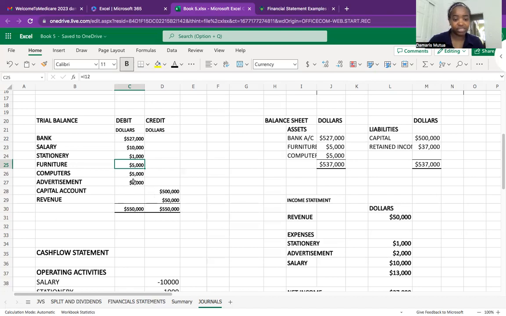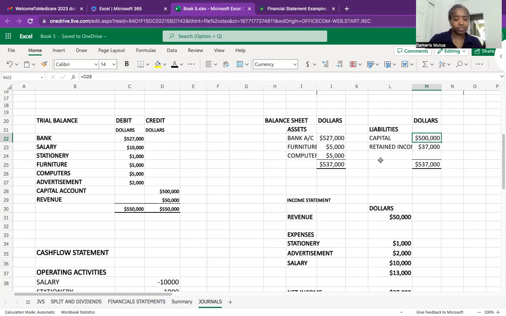We have advertising expense, that is an expense, goes to the income statement. Then we have the capital account, that is the initial investment, what the shareholders put in the organization. This is an organization that is beginning operations. So we have the capital investment, and this goes to the balance sheet.